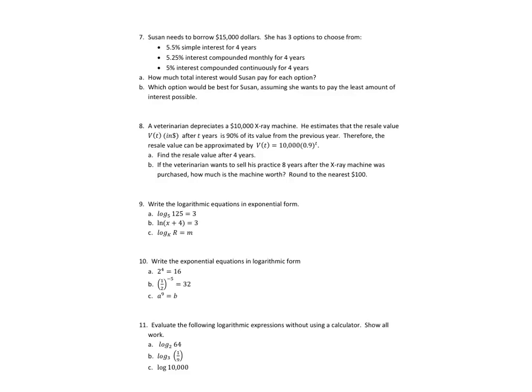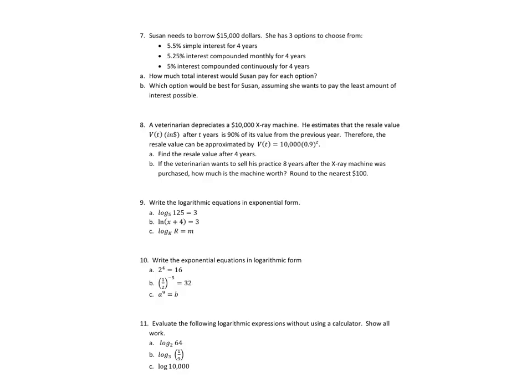So in this case, the interest is equal to P times R times T. So in this case, the principal is $15,000 times the rate is 0.055. So I wrote that percent in a decimal, and then times time is 4 years. And so if I multiply that, I get $3,300.